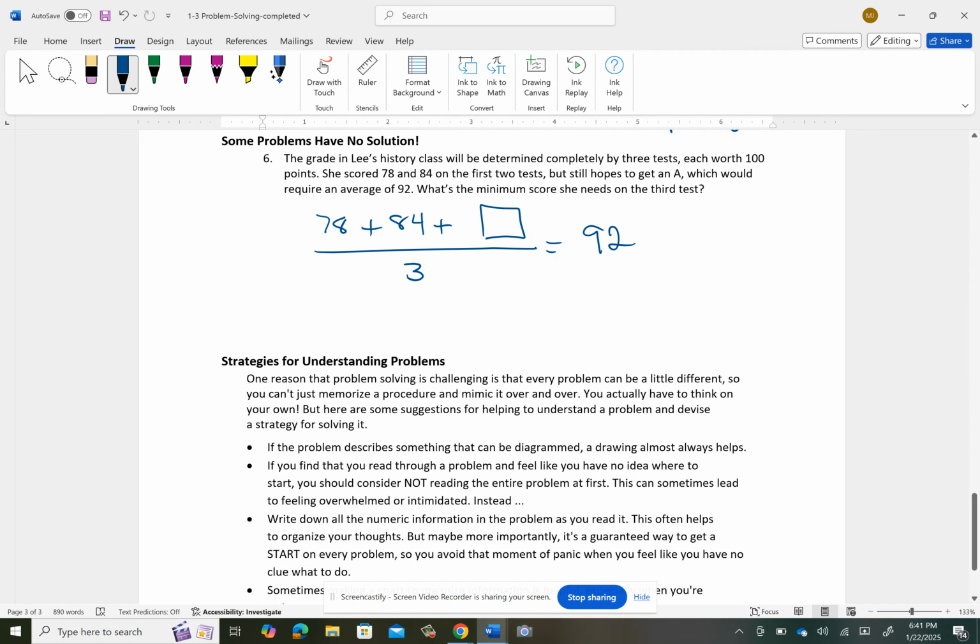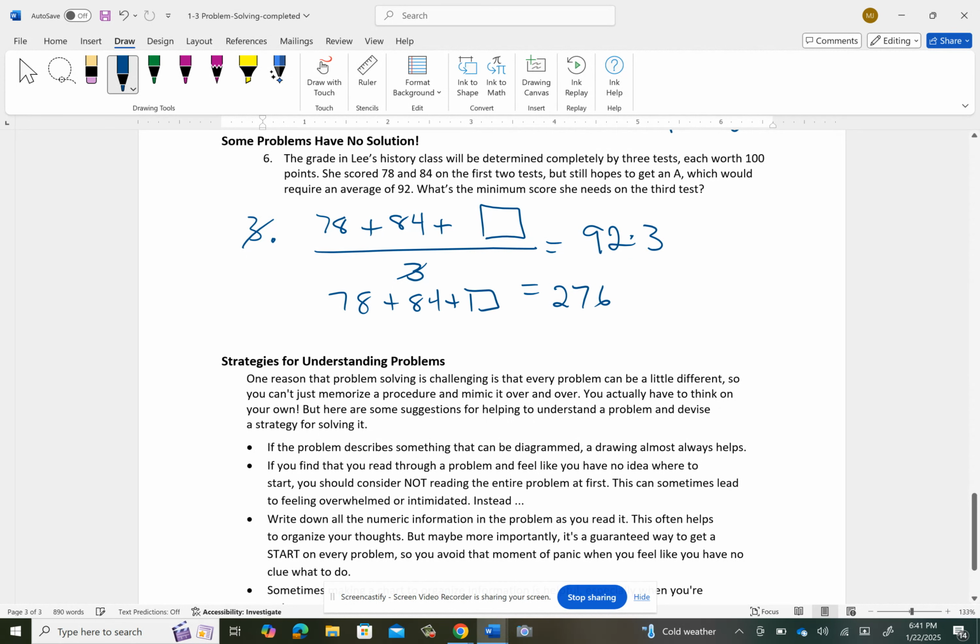All right, now here's a problem where if you know some algebra, you might approach it using algebraic techniques. Like if I were trying to solve that algebraically, I know to multiply by 3 on both sides because that would knock the 3 out. So 92 times 3 tells me the total number of points that her 3 tests would have to add up to, which would be 276.